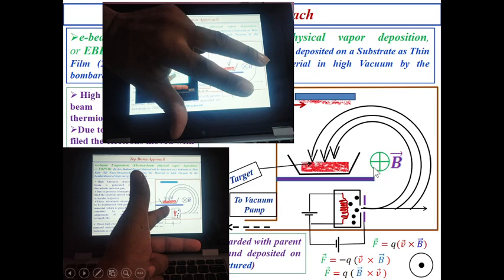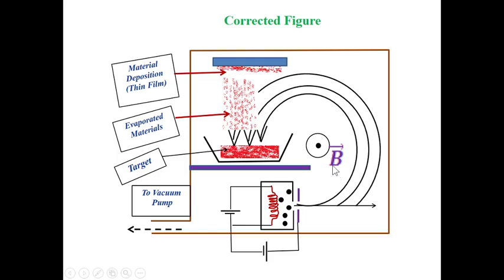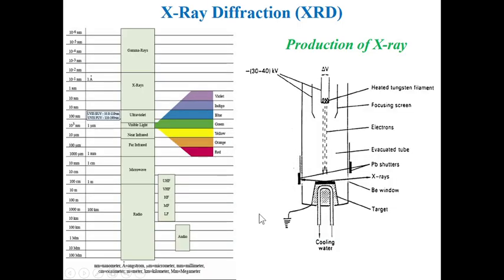It will not be positive; it will be like this, a dot enclosed by a circle, meaning the magnetic field is along the outward direction. Just correct it; this is your corrected figure. This symbol represents a magnetic field pointing outward, normal to the plane of this screen. Okay, now we are going to go to X-ray diffraction.